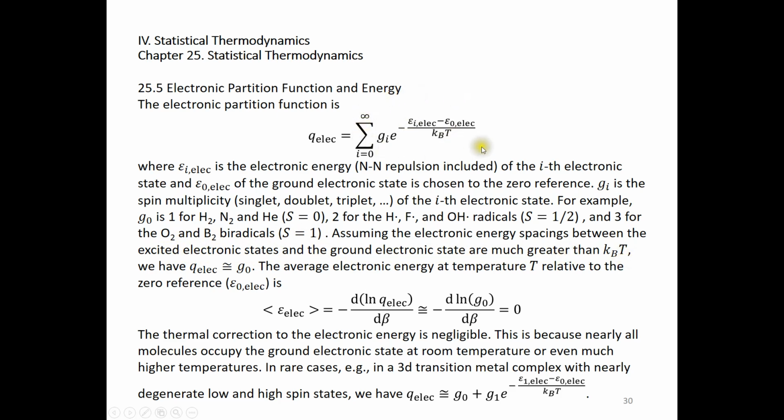Out of all those terms in the series, we need to consider only the first term, g_0. So q electronic is roughly g_0, which does not depend on beta. Therefore this part is just 0. The average electronic energy is 0 relative to epsilon_0 electronic.